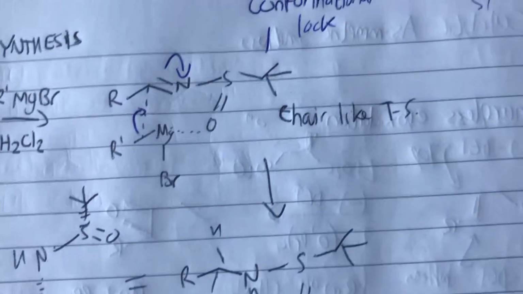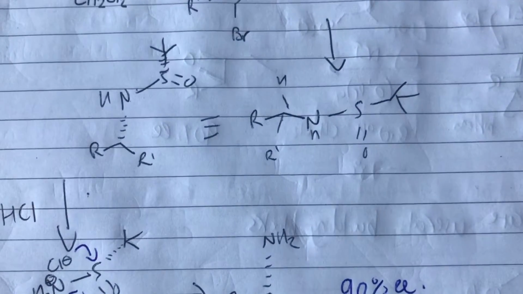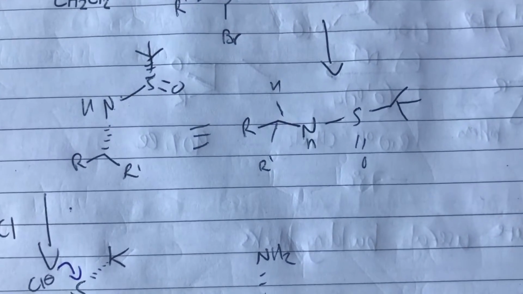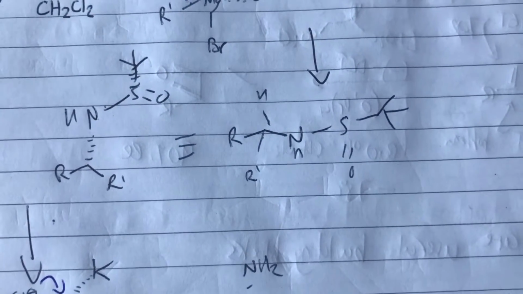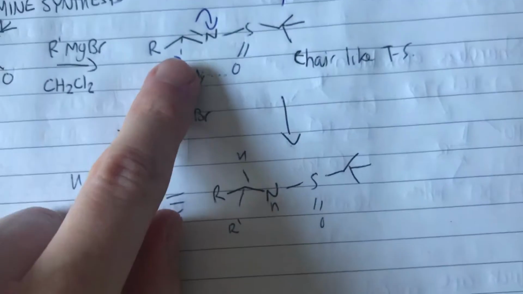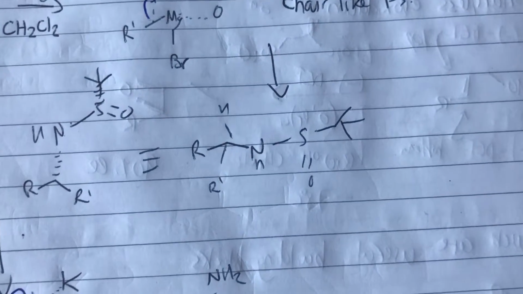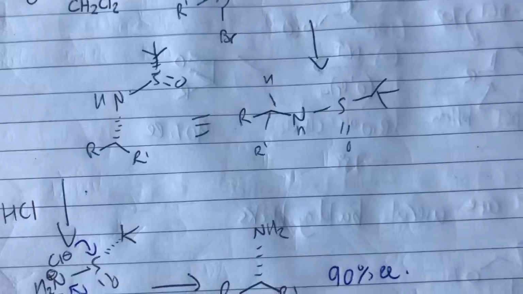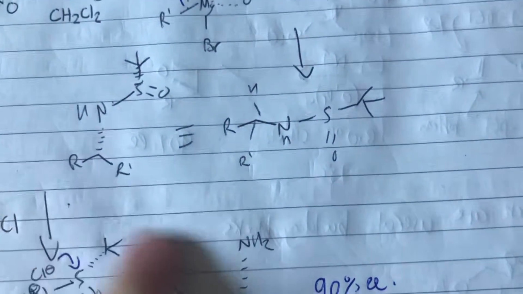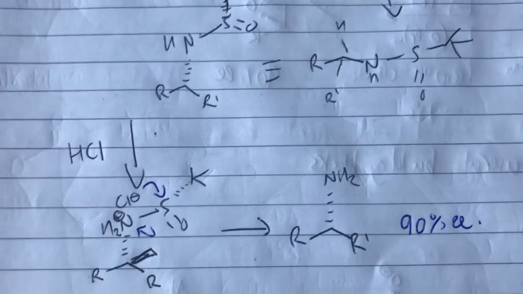This is in conformational lock, which means we're stereoselective. These things pretty much equal exactly the same, so that's what we get once we've done this reaction. Add the R group just there, and that's pretty much everything that happens in that step. Like I said, that equals that. We can show it as that. So it's just a rearrangement of what we see.